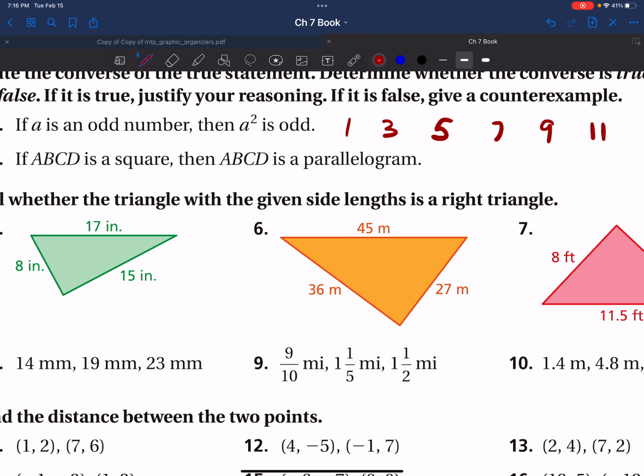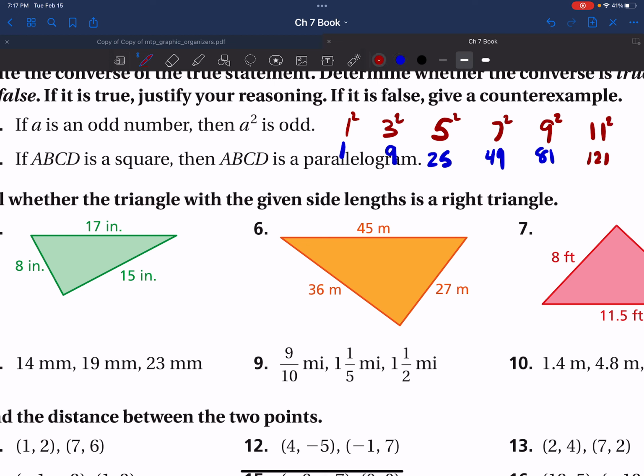1 squared equals 1. 3 squared is 9. 5 squared is 25. 7 squared is 49. 9 squared is 81. 11 squared, 121.